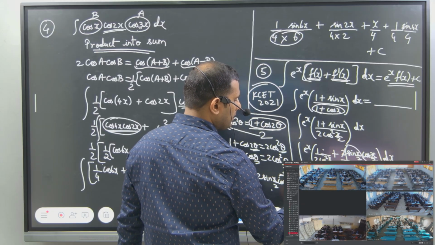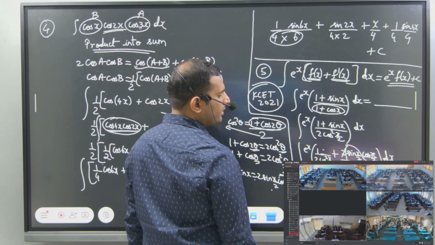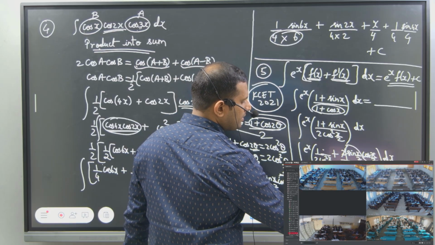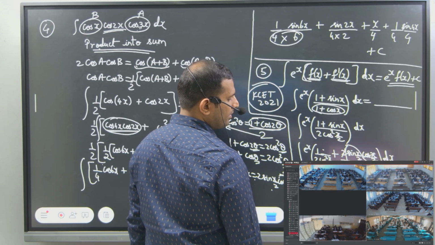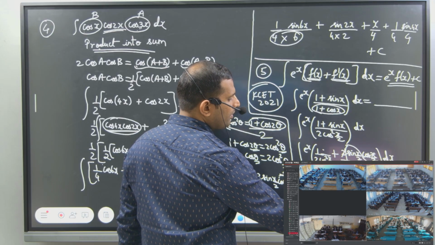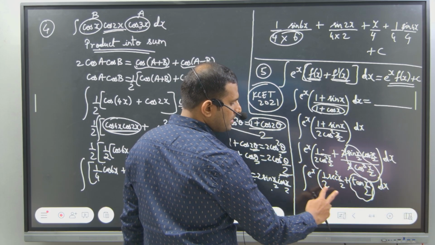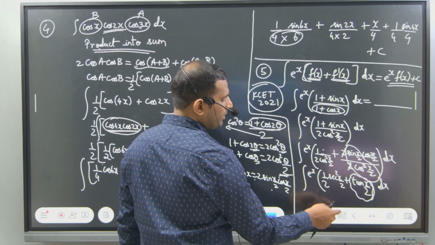And then e power x is there. Now, if I consider this as f of x, what is the derivative of tan? Secant square x by 2 into derivative of x by 2. The derivative of x by 2 is 1 by 2. Isn't the whole derivative present here? Yes.